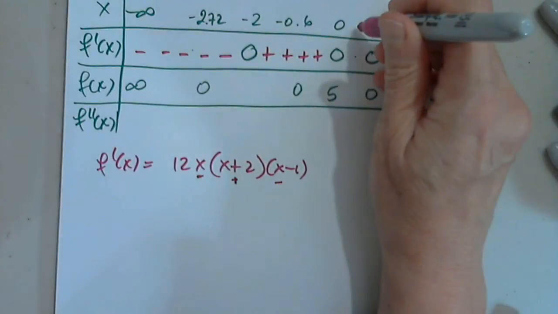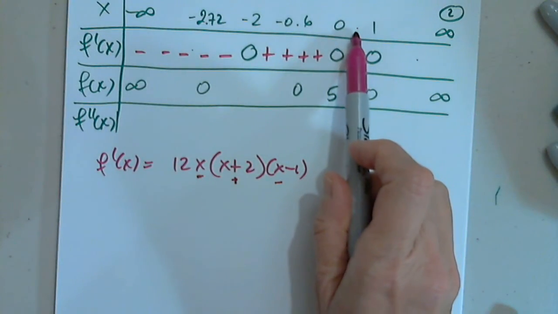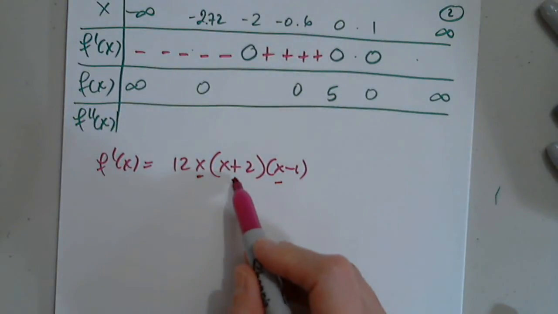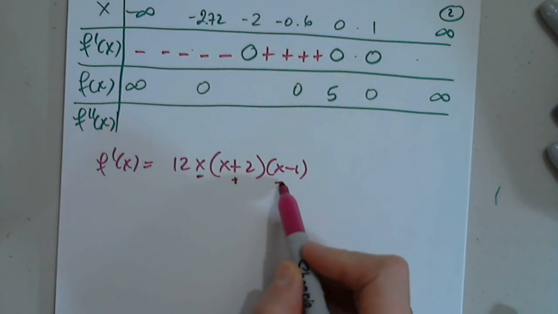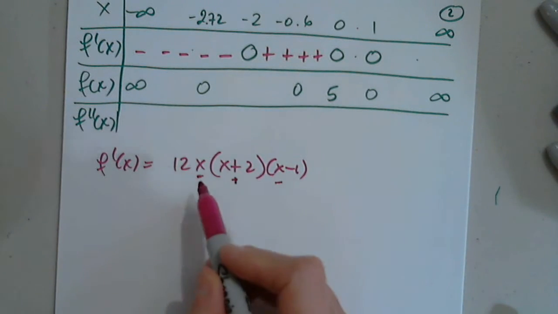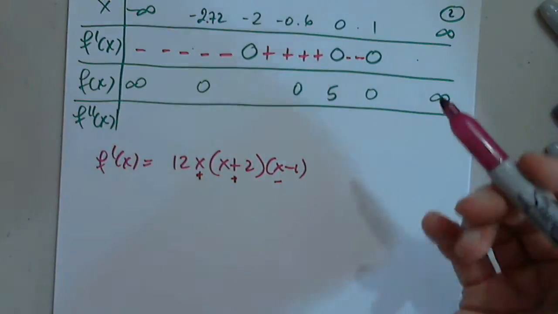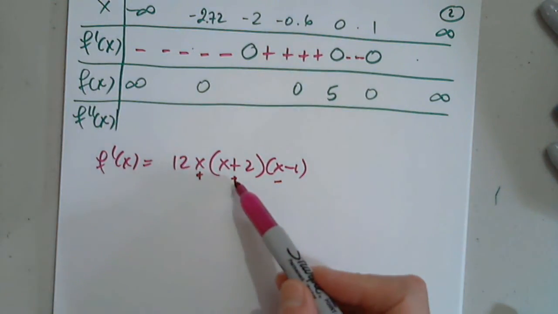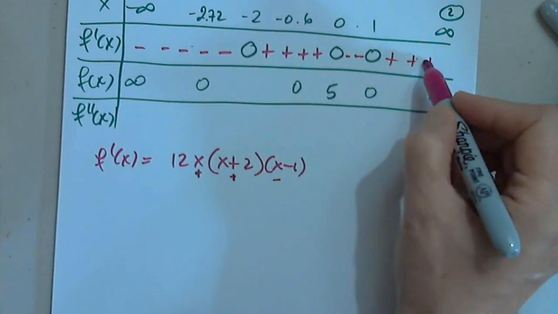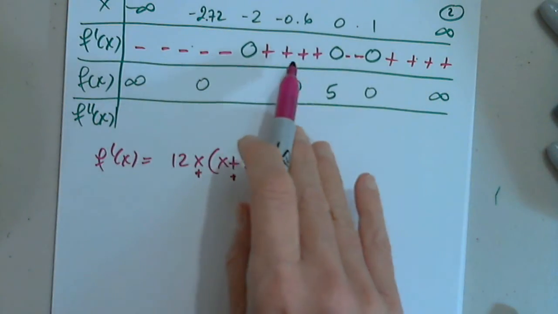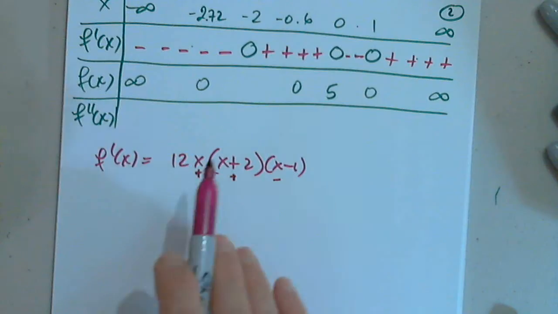Now this one is a little bit difficult because I have to plug in 0.5. This is positive, this is positive, 0.5 minus 1 is negative, so this must be negative. And then I plug in 10, positive, positive, positive, so this is positive. So don't just fill in some symbols. You have to test.